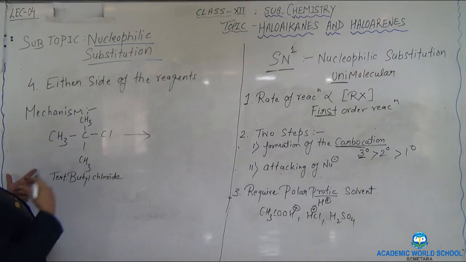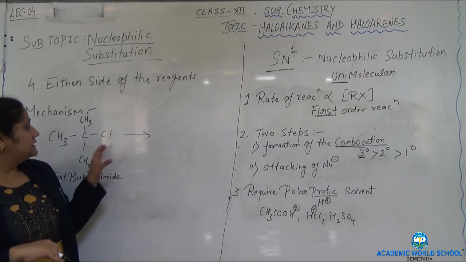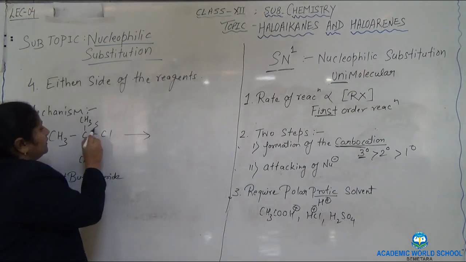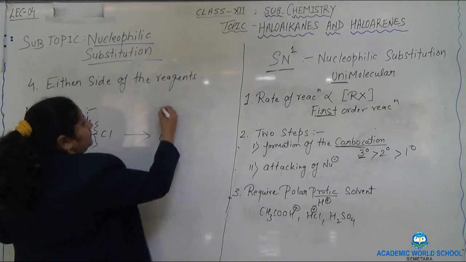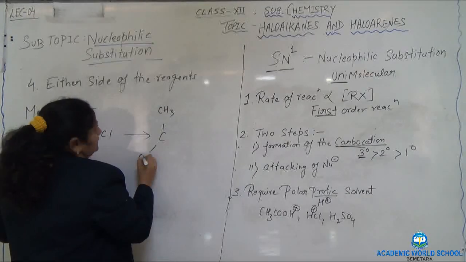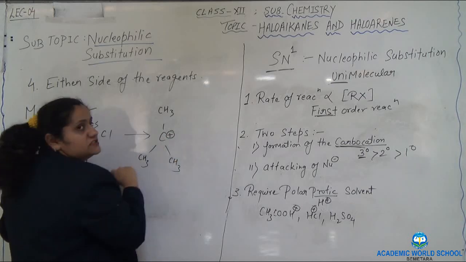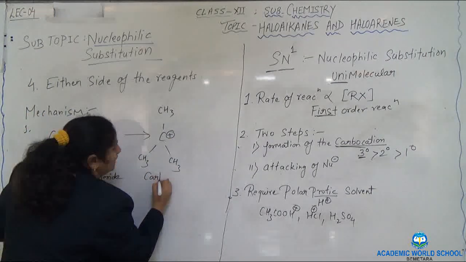As you all know, this reaction occurs in 2 steps. In first step, what happened? This tertiary butyl chloride will cleave from this C-Cl bond and form CH3, CH3, CH3, C with one positive charge, and the carbon containing positive charge is called carbocation.